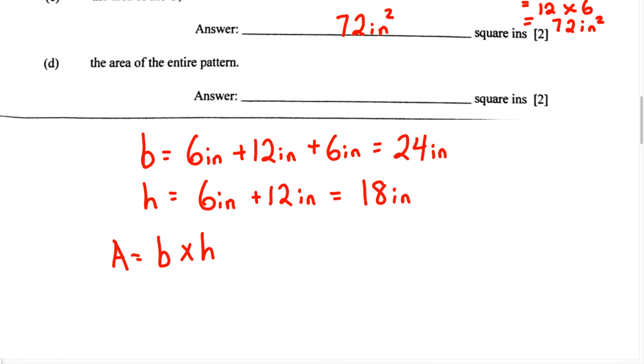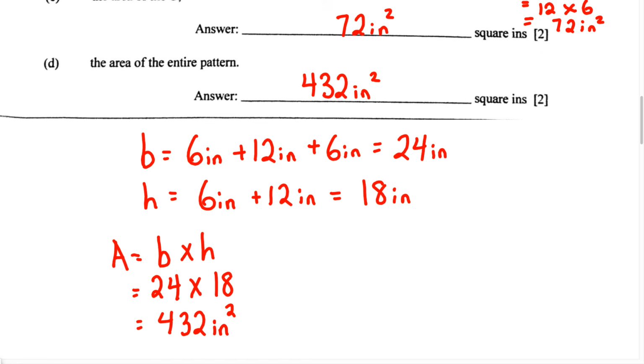We know the base is going to be 24 inches. We can write 24 multiplied by the height, which is 18. Now when we solve for this, we're going to get 432. And we must always put back the units, which is going to be inches squared. Therefore, our answer is 432 inches squared.